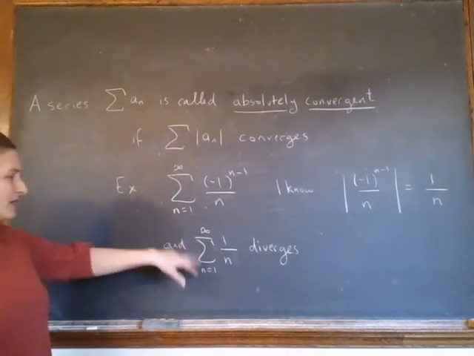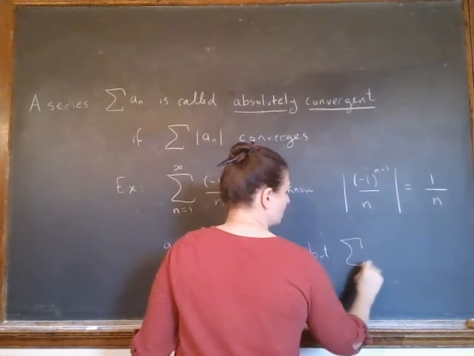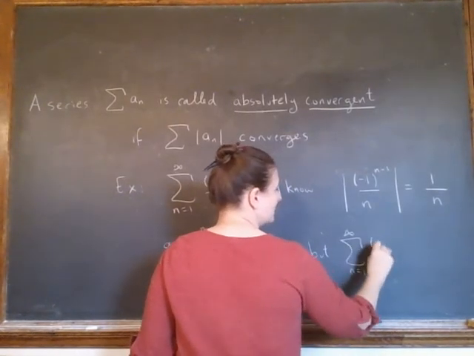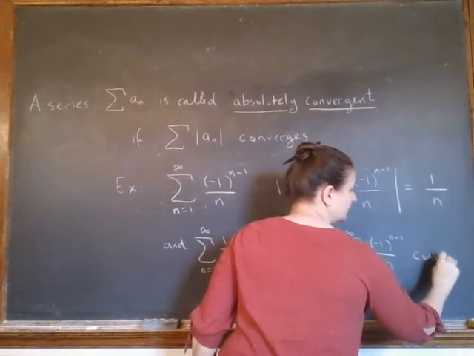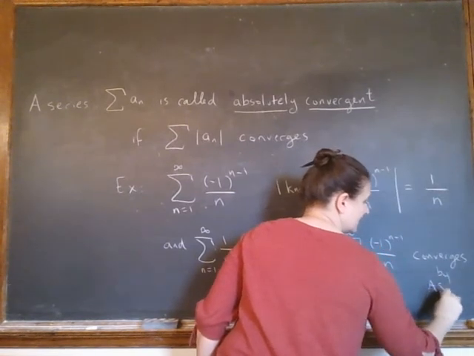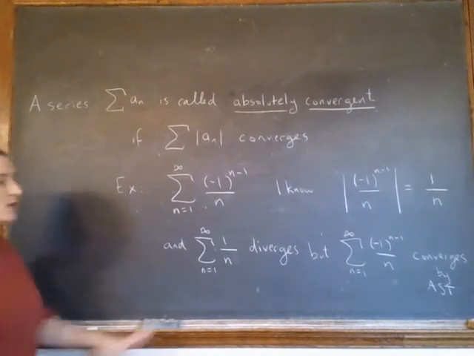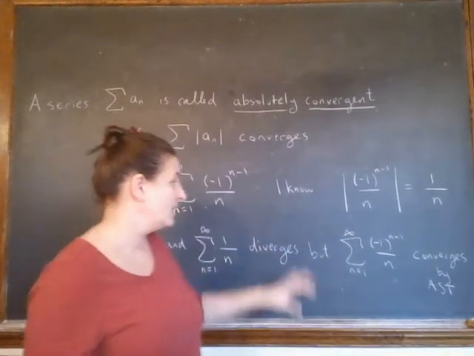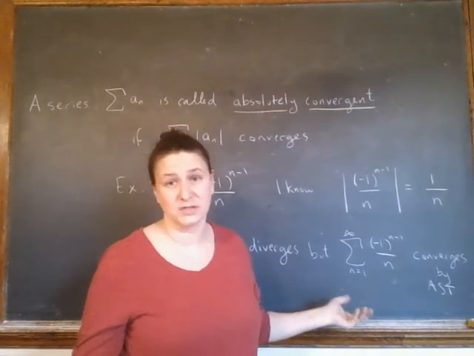So this one diverges, but when I have the (-1)^n in there, this converges by the alternating series test. So that was an important example from last week. So this converges, but its absolute value doesn't converge. So this series does not converge absolutely. We call that converges conditionally.